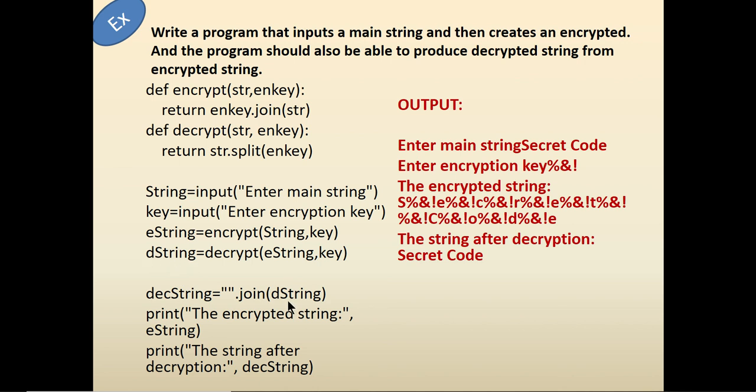You pass that as an argument to the join function. To the join function, you can give a string, or you can also pass a list or tuple containing all strings. So now d string contains all strings, and you are joining with what? Nothing. So that will give you one single word, which is nothing but your secret code, the message that you entered at the very first step. Okay, right?